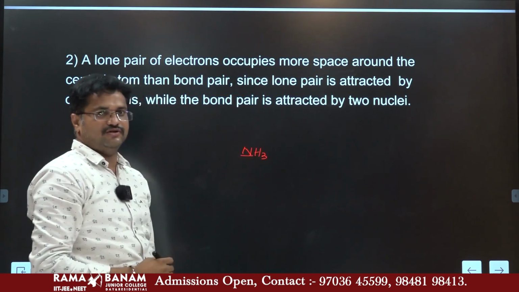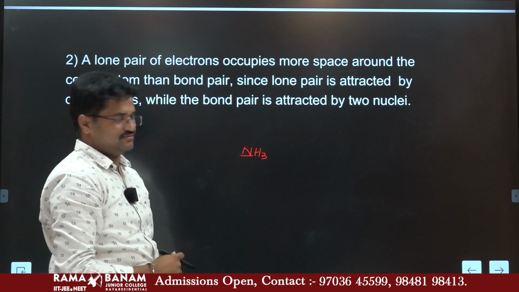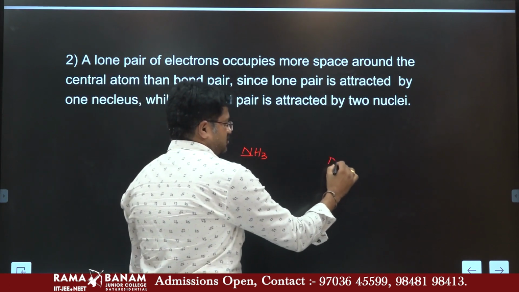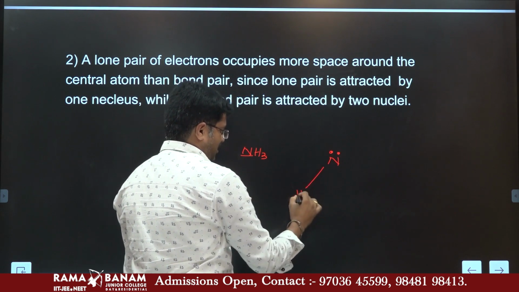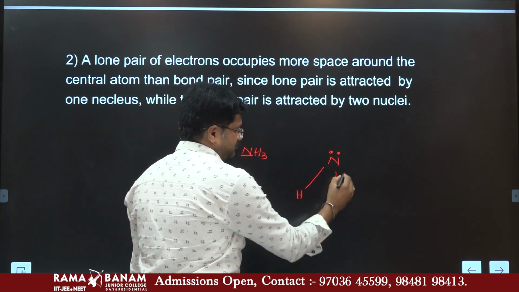In the ammonia molecule, the central atom is nitrogen. Nitrogen has one lone pair and three bond pairs.